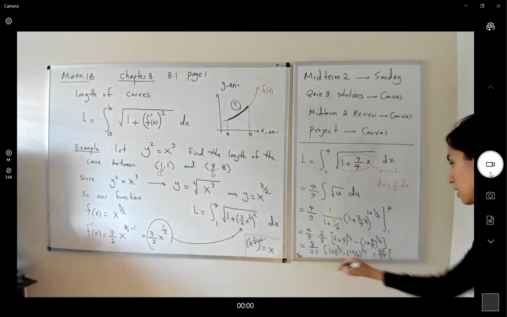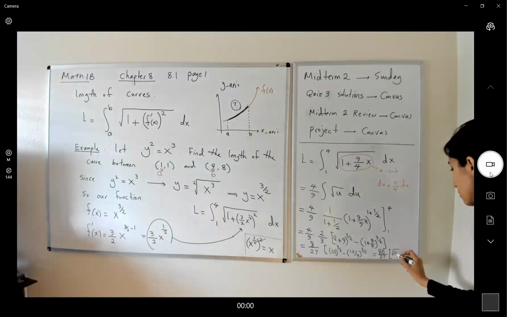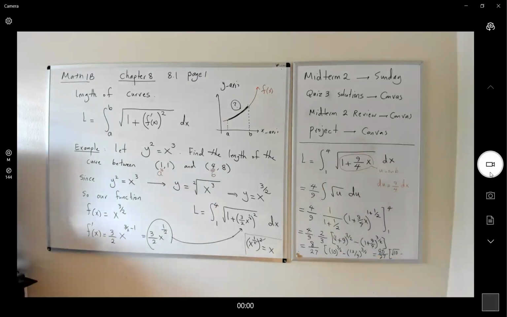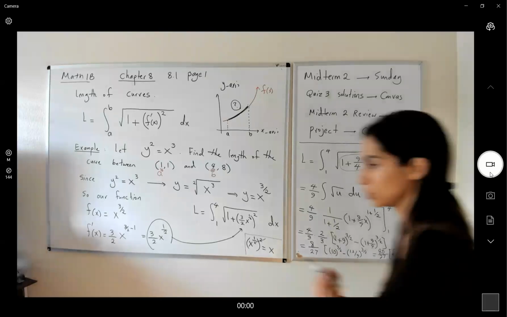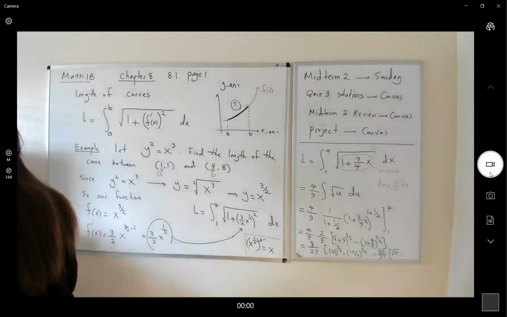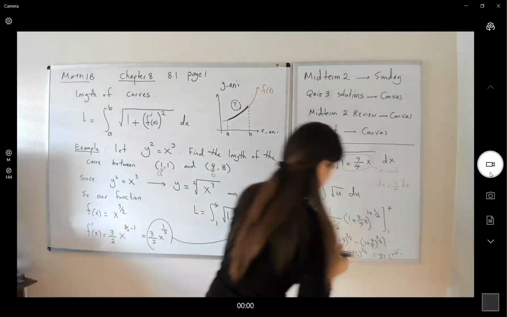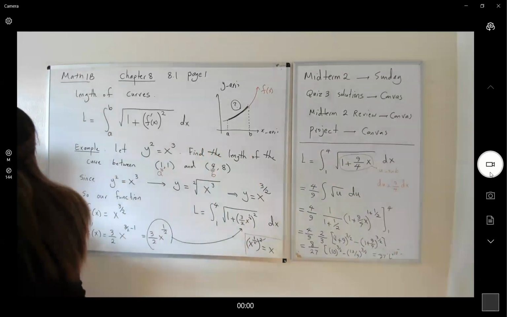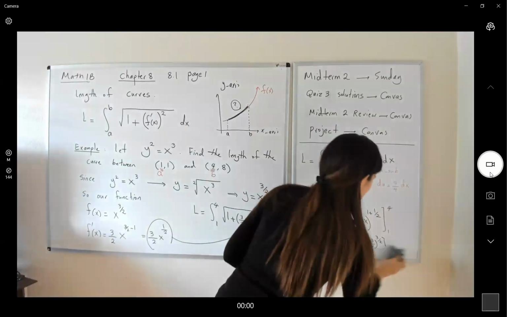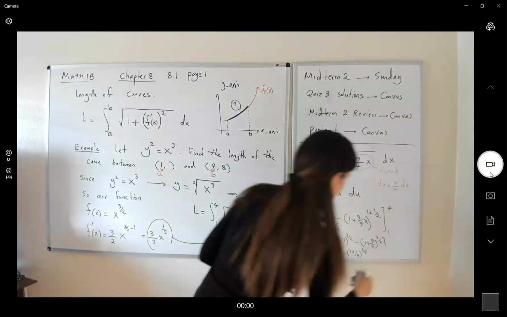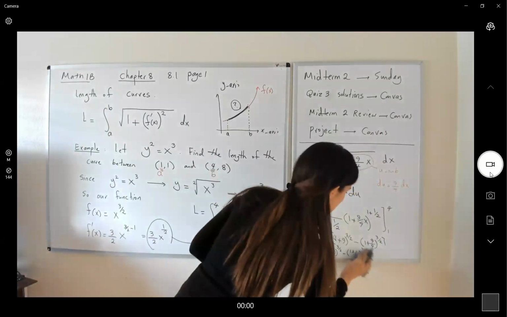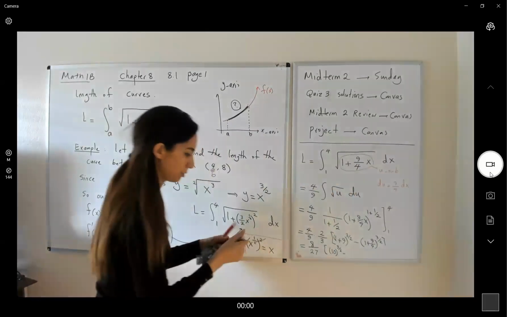Here you get square root of 10 minus, let me just write down what we have here. Bracket, and I need a little bit of space.